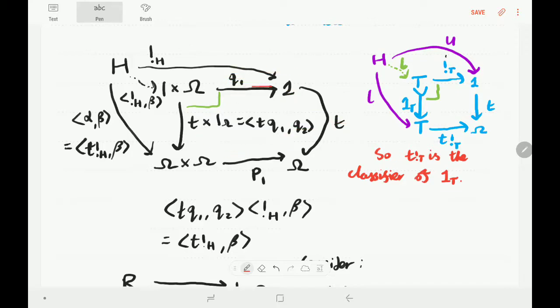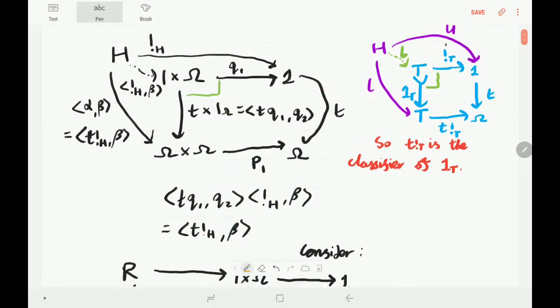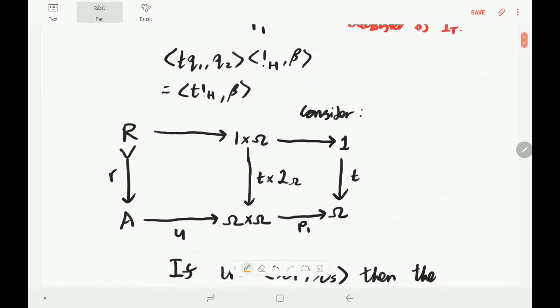So this square commutes, and then given a candidate which also makes the outer diagram commute, we'll have to have that this arrow is T exclamation mark H comma beta, and if we set this arrow to be exclamation mark H beta, well, it has to work like so. All right, so we've got that now.